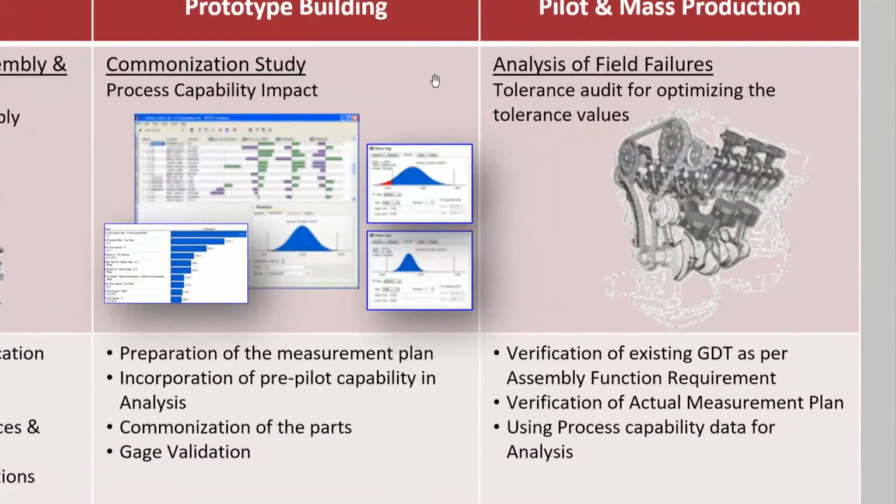In the prototyping or pre-pilot run stage, you can study the impact of different process capabilities, so that you can make decisions on how to define the SPC in your future production or for your supplier.